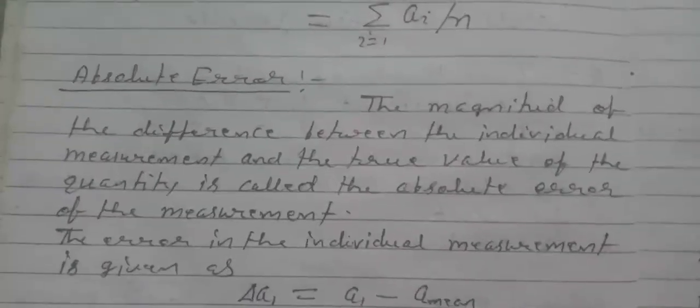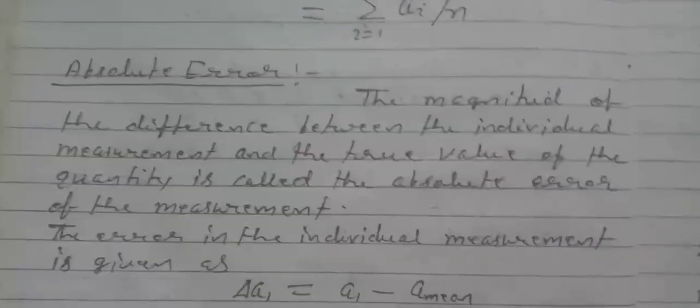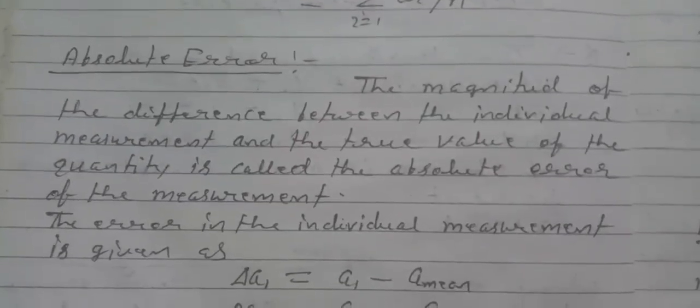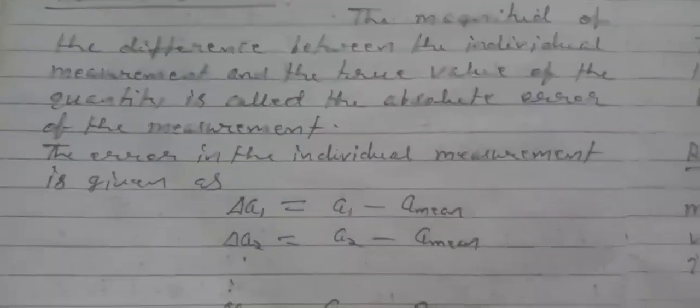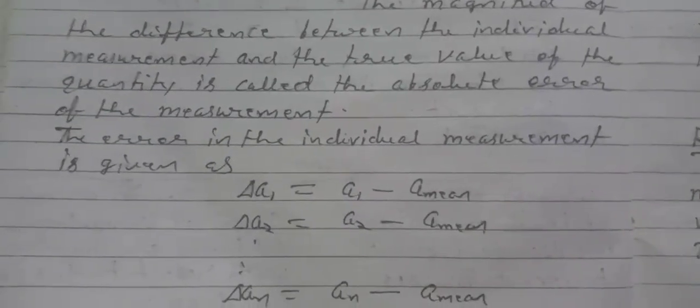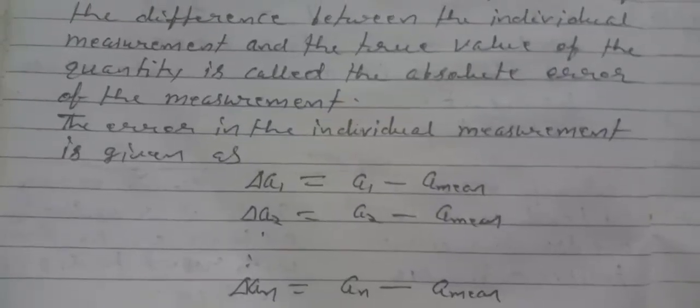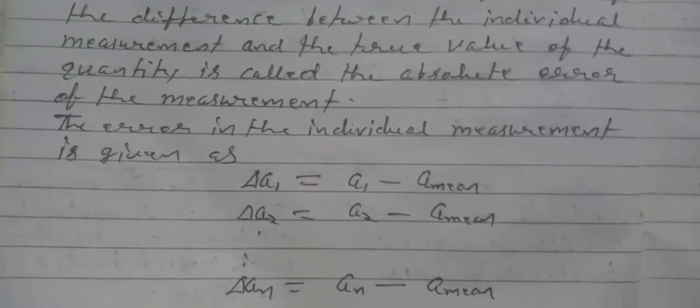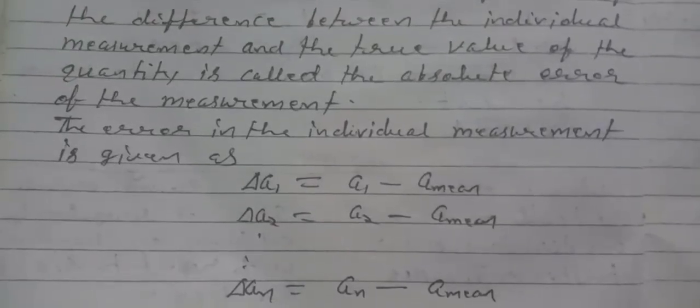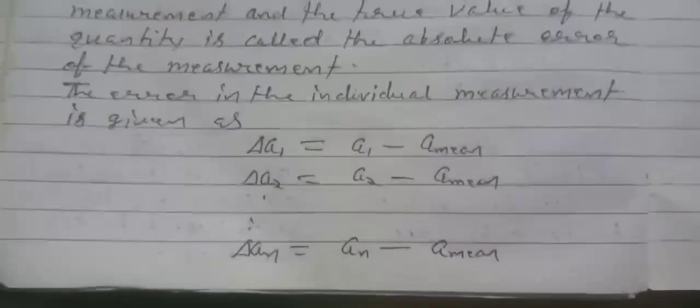Absolute error. The magnitude of the difference between the individual measurement and the true value of the quantity is called the absolute error of the measurement. The errors in the individual measurements are given as delta A1 equals A1 minus A mean, delta A2 equals A2 minus A mean, and delta An equals An minus A mean.